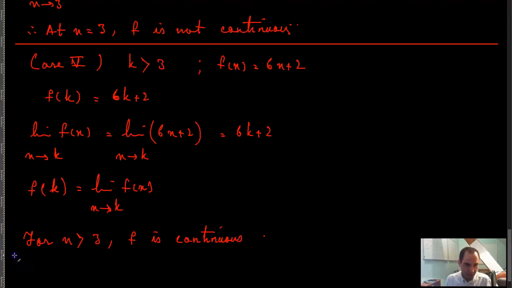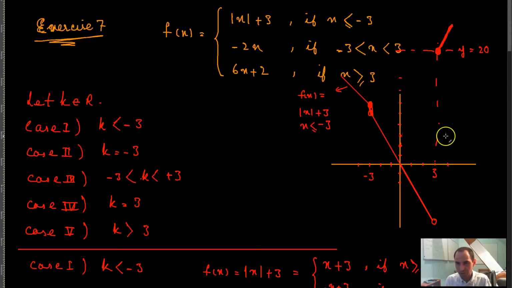So what we found here is that your function is continuous for x greater than 3. For the interval less than negative 3 it is continuous, at negative 3 it is continuous, and between negative 3 and positive 3 it is continuous. The only point of discontinuity of this function is at x equal to 3.